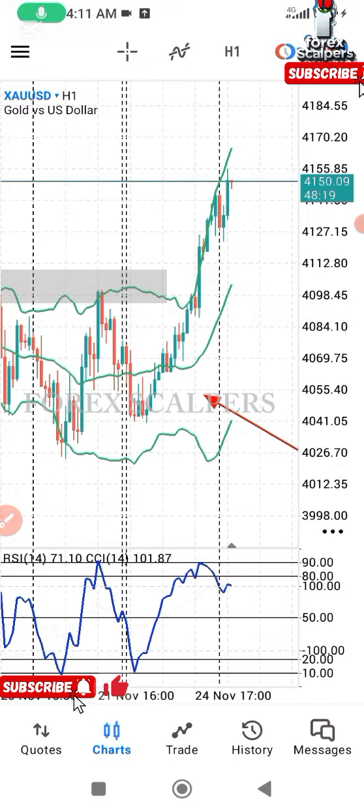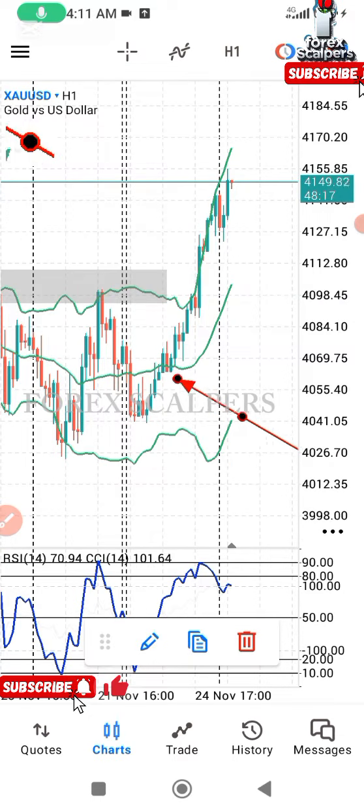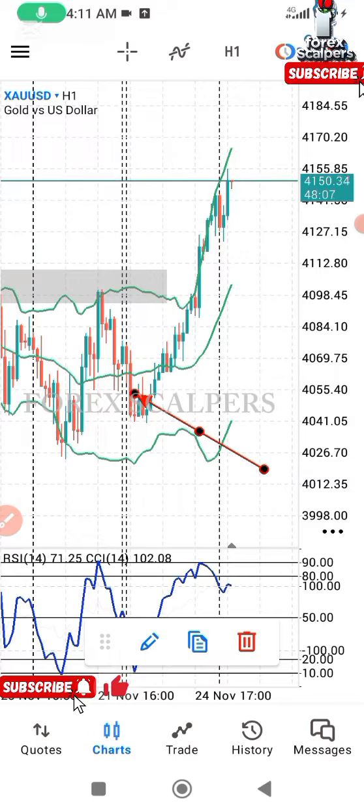So another one is you need to determine the trend of the market. Now, gold moves with very strong momentum. The speed and the strength of gold is always high.